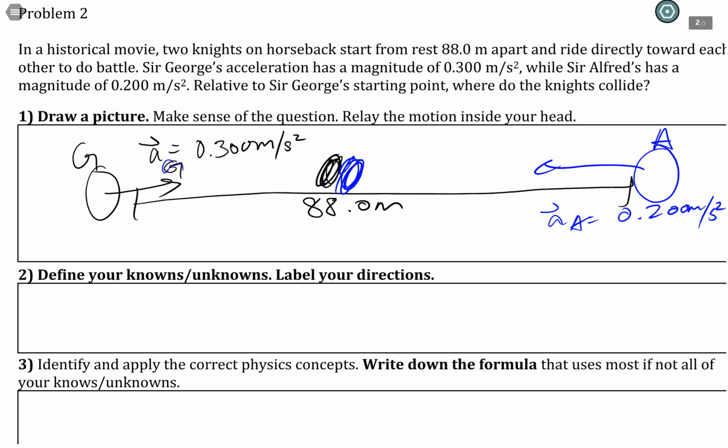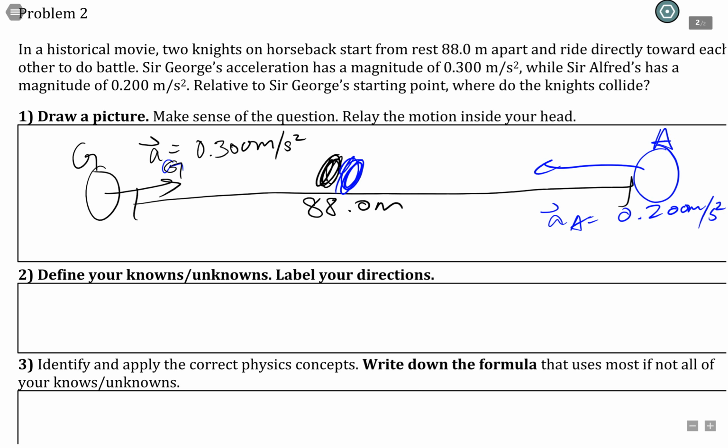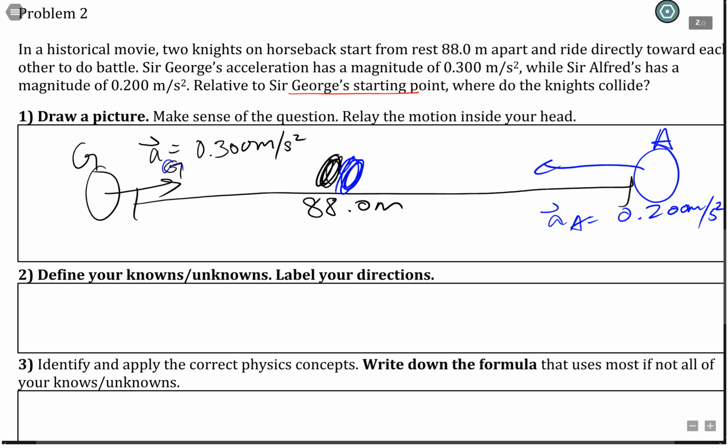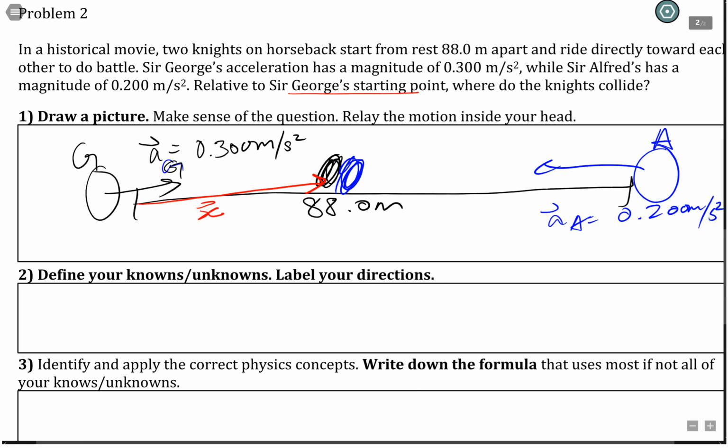I have the distance, 88 meters. I also want to find where they collide. If I want to do that, I'm going to label relative to Sir George's starting point. So from here all the way to here, I'm going to label this distance as x. The interesting thing when you have a question that looks like this is that you can also label the rest of the distance.